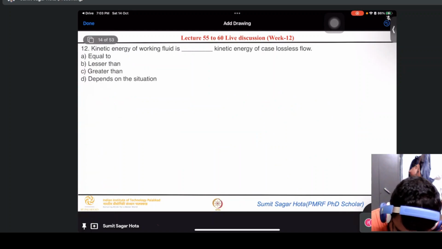The kinetic energy of the working fluid is dash the kinetic energy in the case of lossless flow. If the flow has no loss, the kinetic energy of the lossless flow is greater than that of the actual working fluid.